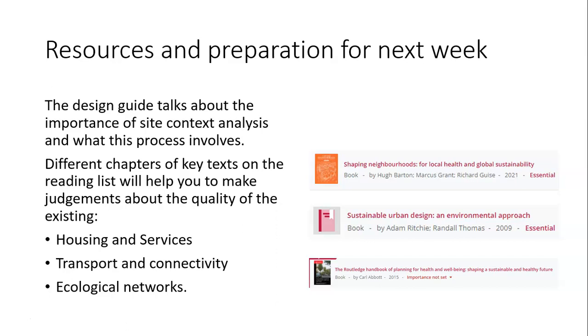And what those book chapters will help you do is to make judgments about the quality of those existing networks. So the design guide will sort of tell you what and how to carry out a site context analysis, why we do it, what it looks like, and how you do it. But if you want some help assessing quality of what's already there, then I suggest that at some point you refer to those academic texts on the reading list.